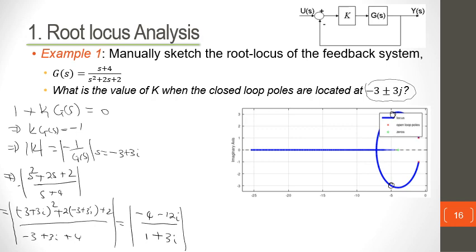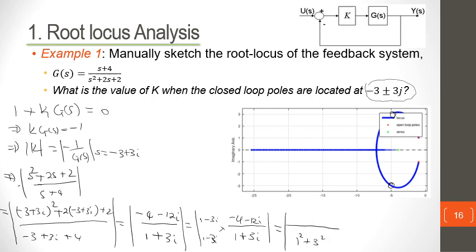Let's multiply by the complex conjugate on top and bottom so that we can make sure that the bottom here is a real number. So we multiply by the complex conjugate, which is 1 minus 3i, and at the bottom 1 minus 3i times this -4 minus 12i plus 1 plus 3i. This gives us at the bottom 1 squared plus 3 squared.